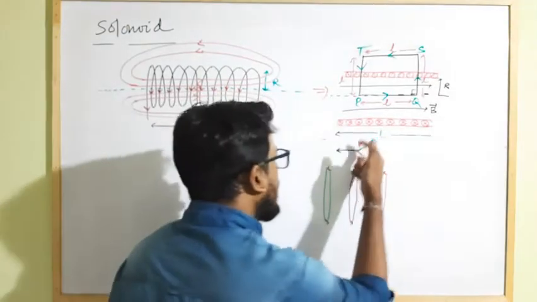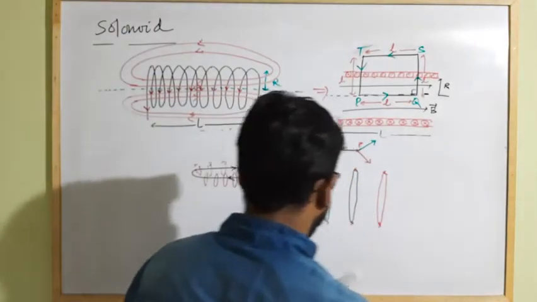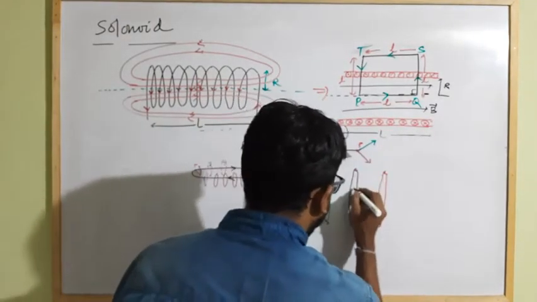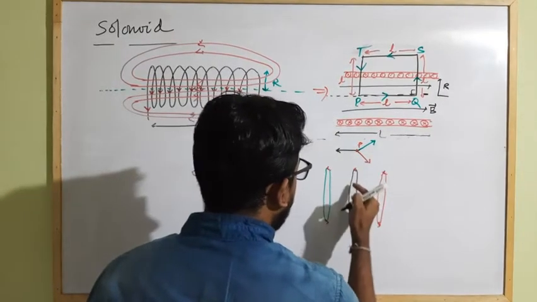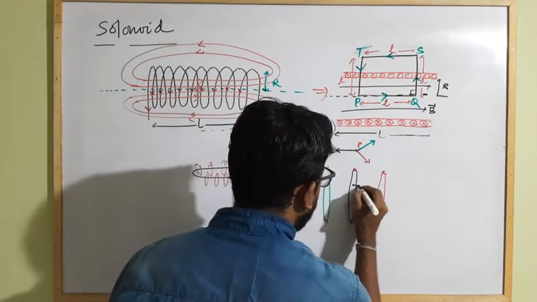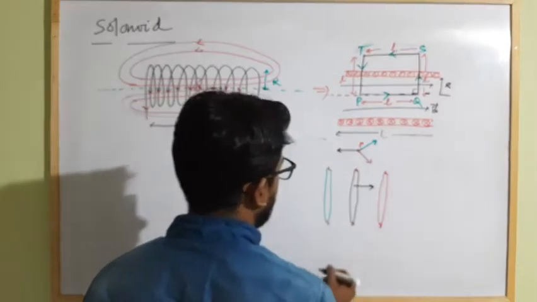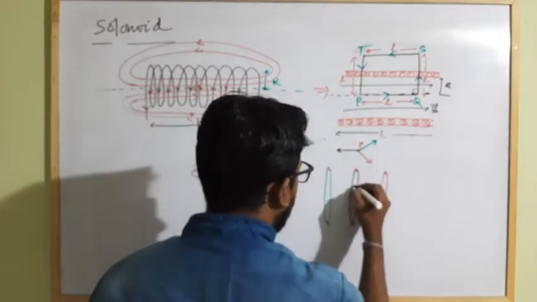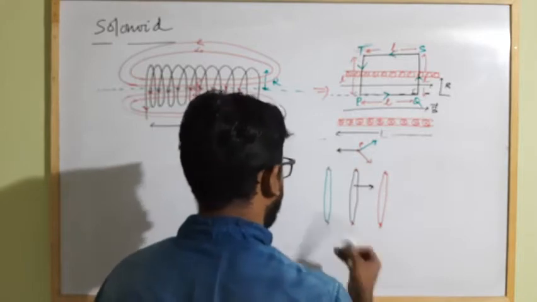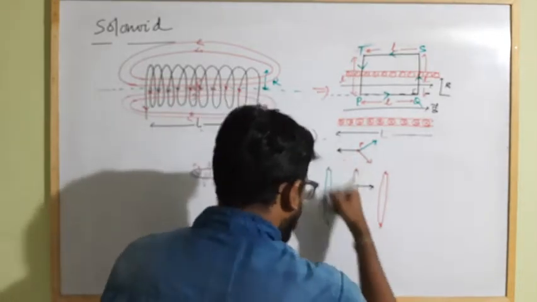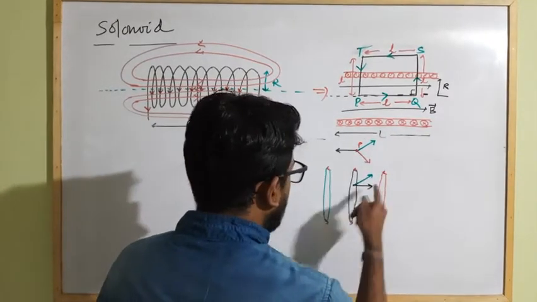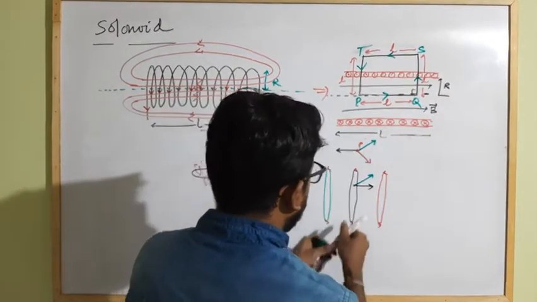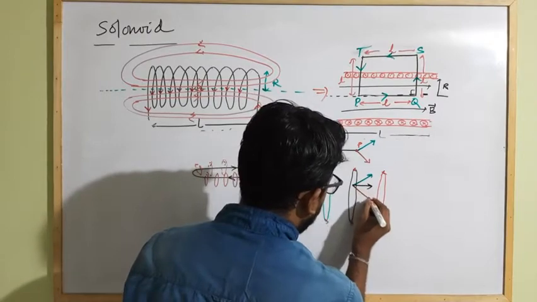Then what will happen inside the coil? If the same point P is considered here within the solenoid, the magnetic field strength due to this will be along this direction, same as that of this, will be along this direction, like this, and for this ring the direction of magnetic field strength will be along this direction.